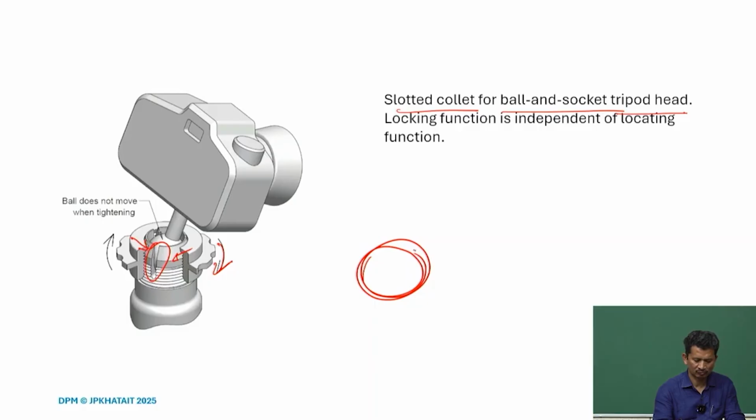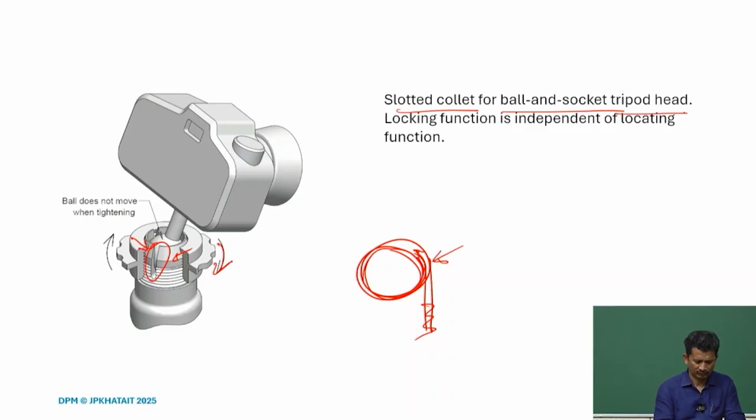There might be clearance in the beginning, and then it gets pressed against the ball. Here there is no direct contact between the nut and the ball, and therefore, when we try to lock it, it just forces the collet inside and locks the ball in position.